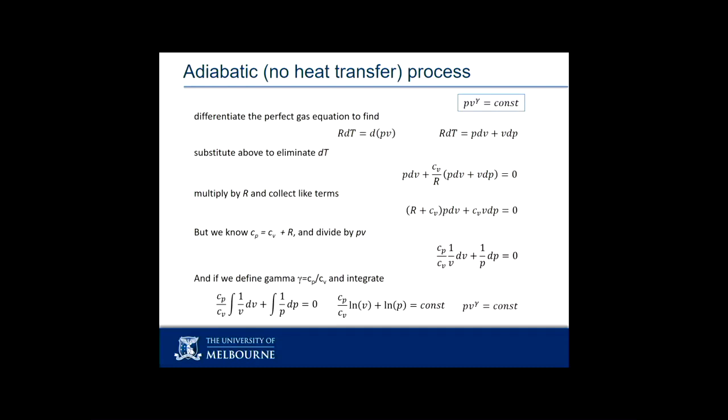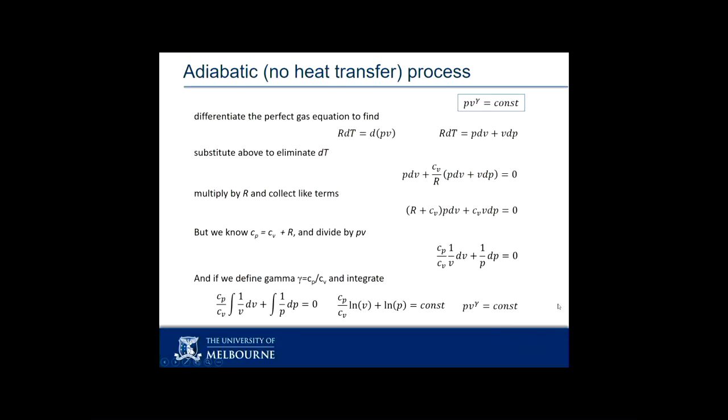If I put those logs together, and I pay careful attention, this is the same as log V to the gamma. Adding two logs is the same as the log of the multiple of those two. So this statement here is P times V to the gamma equals some constant, and that was the adiabatic relationship.